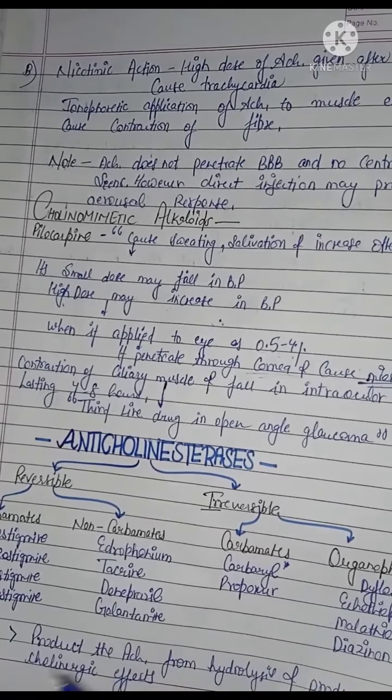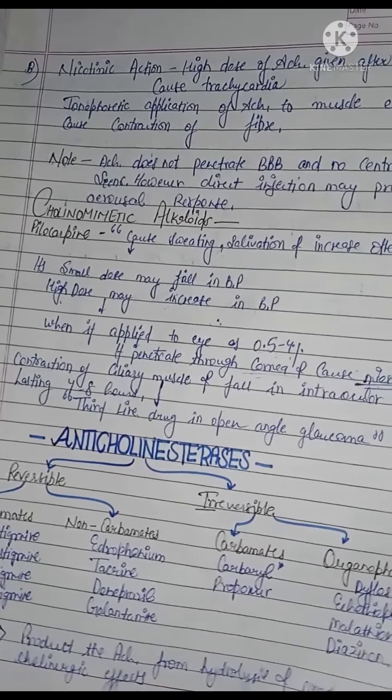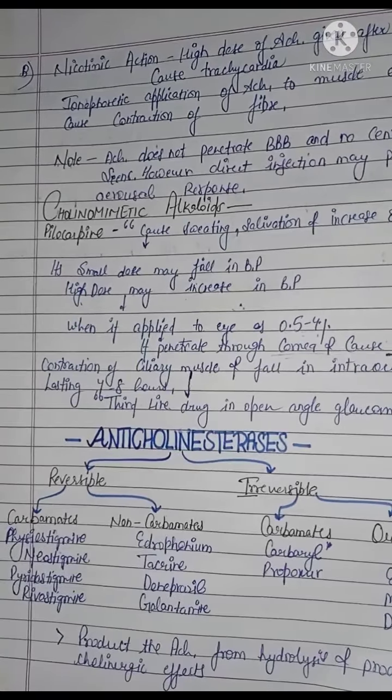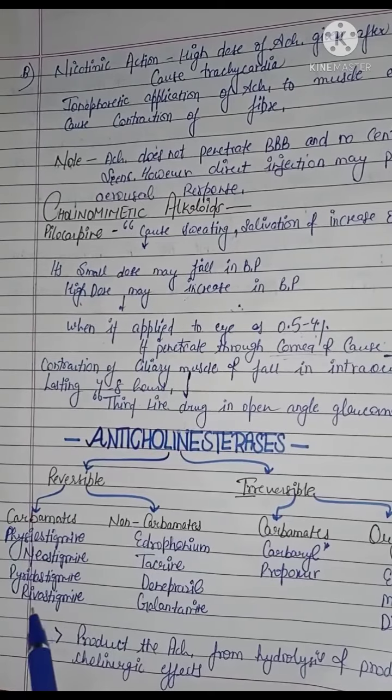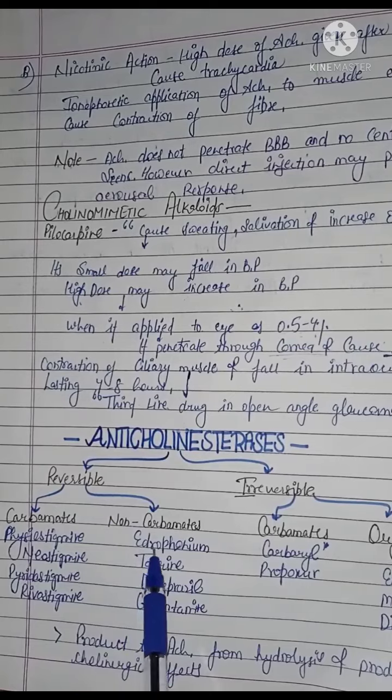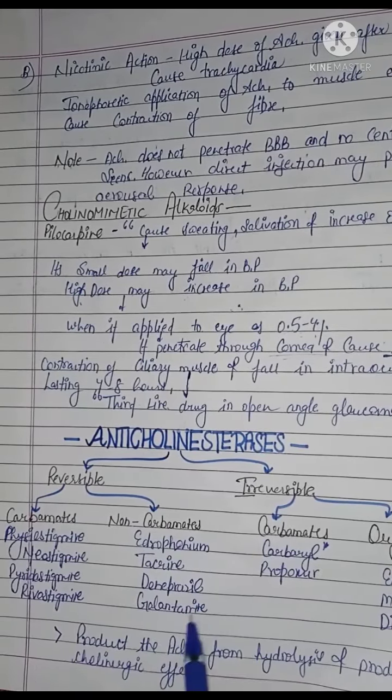In case of reversible, we have carbamates such as physostigmine, neostigmine, pyridostigmine, rivastigmine. And non-carbamates, we have edrophonium, tacrine, donepezil, and galantamine.